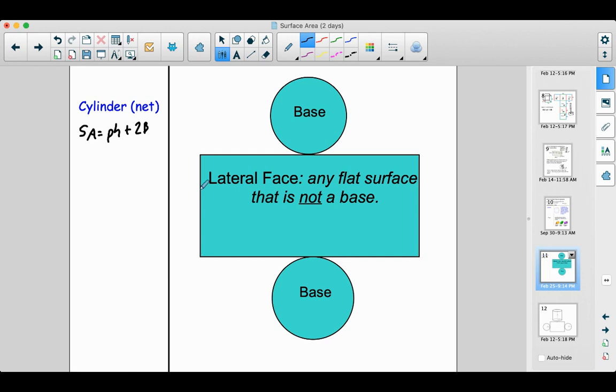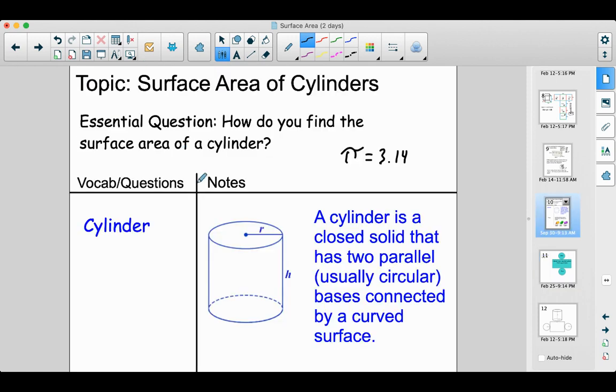If you think about this rectangle right here, we're dealing with a circle. So we have a fancy name for the perimeter of a circle: you might remember it's called circumference.